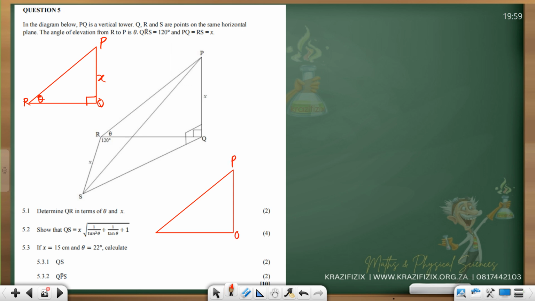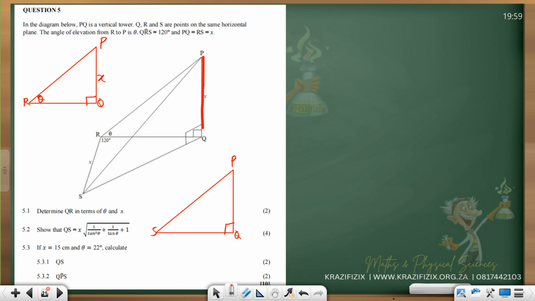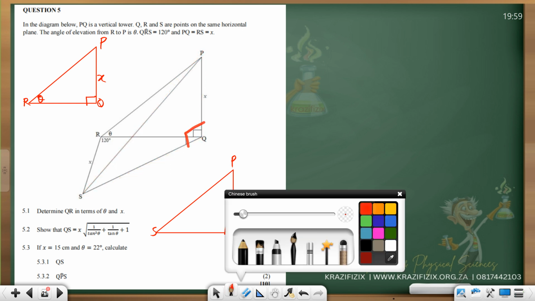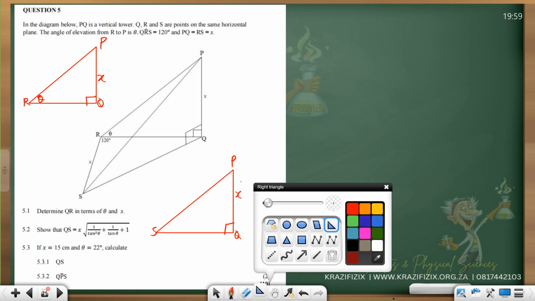It's PQS. We're now getting into the core of this, 90 degrees. PQX. Then we have PRS. Beautiful. So we actually have 4 triangles here.